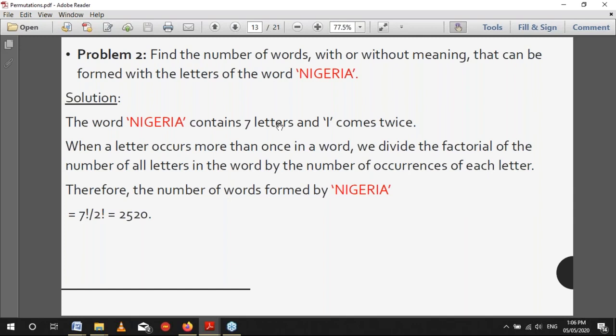So what do we do? The word Nigeria contains 7 letters, and I comes twice. When a letter occurs more than once in a word, we divide the factorial of the number of all letters in the word by the factorial of the number of occurrences of each repeated letter.